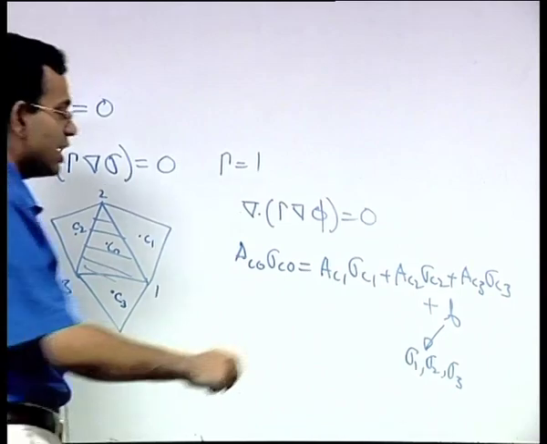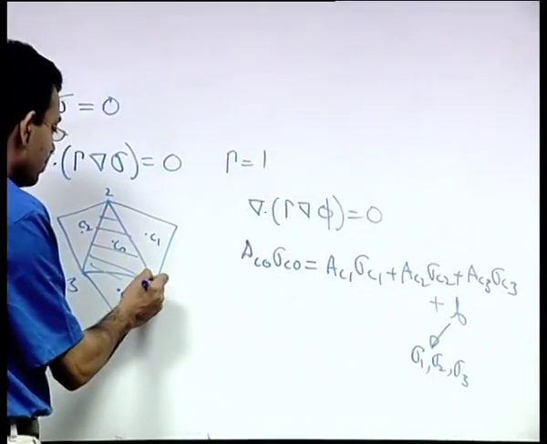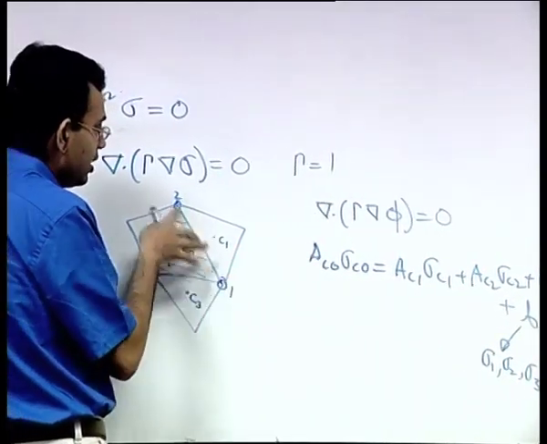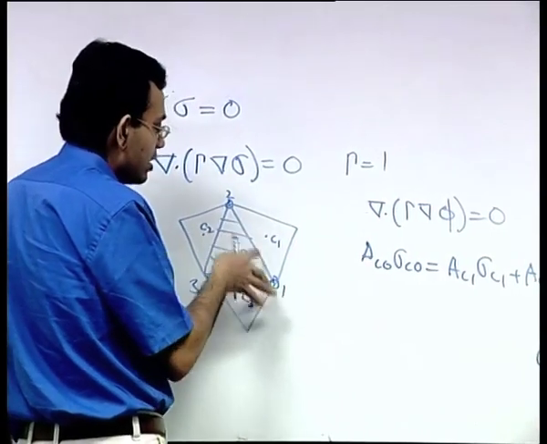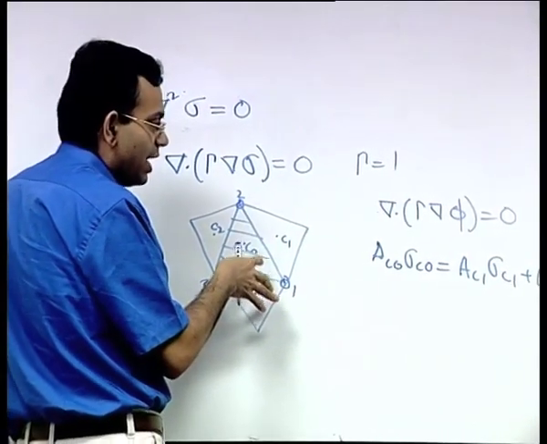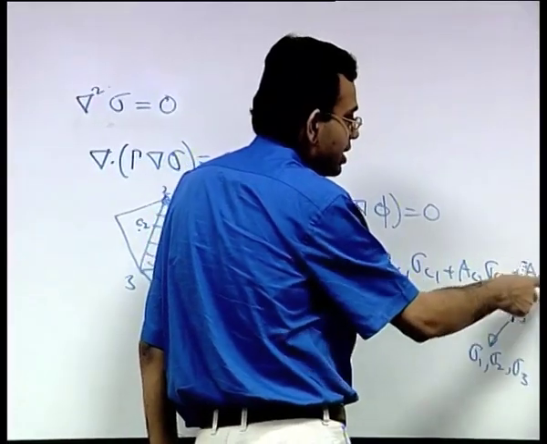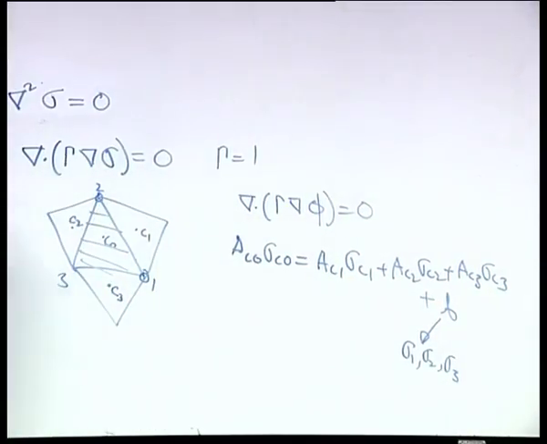These fluxes are functions of the difference between the values of sigma at the vertices of the triangle, whereas these are the values of sigma at the centroids of the main control volume.